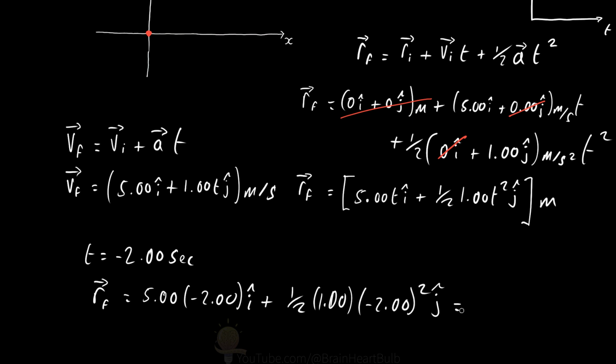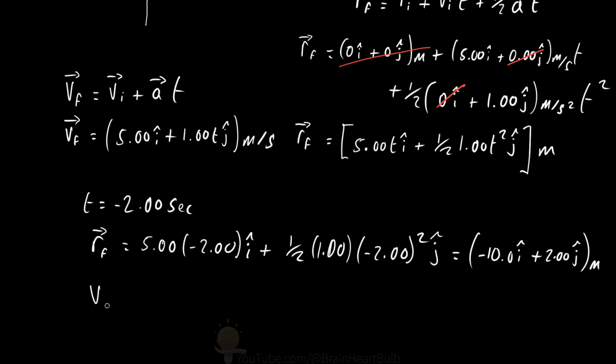And that is equal to minus 10 i plus 2.00 j, and that's meters. And the velocity at minus 2 seconds is 5.00 i minus 2.00 j meters per second.